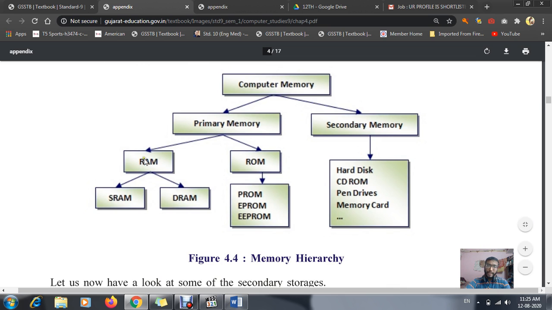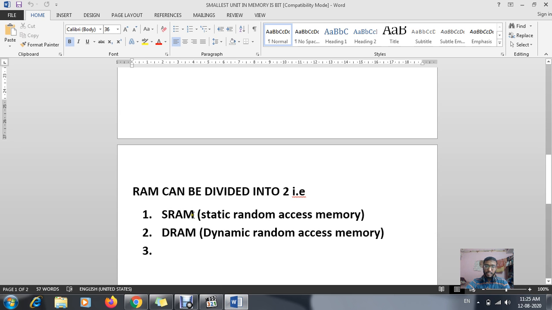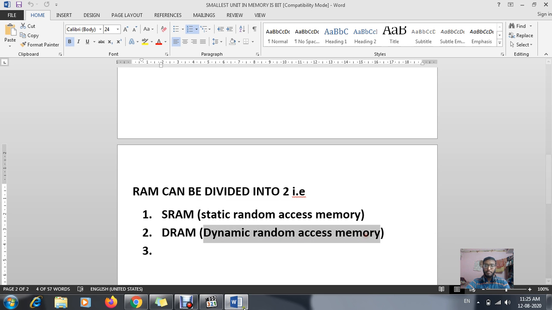The full form of RAM is random access memory, and the full form of ROM is read only memory. RAM is also divided into two parts. The first one is SRAM, static random access memory, and DRAM means dynamic random access memory.